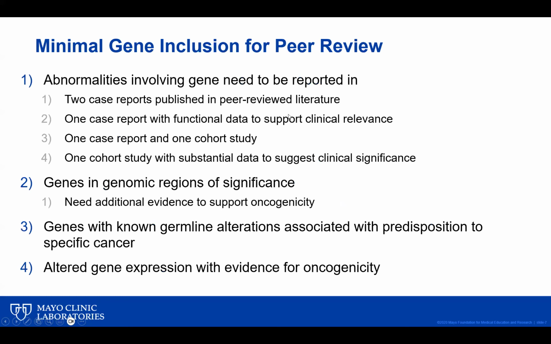Once we had that candidate gene list, we entered into more of a peer review process where we looked at specific criteria for keeping genes in the list. So we wanted abnormalities involving this gene to be reported in at least 2 case reports, at least 1 case report with functional data, 1 case report and 1 cohort study, or 1 cohort study with substantial data.